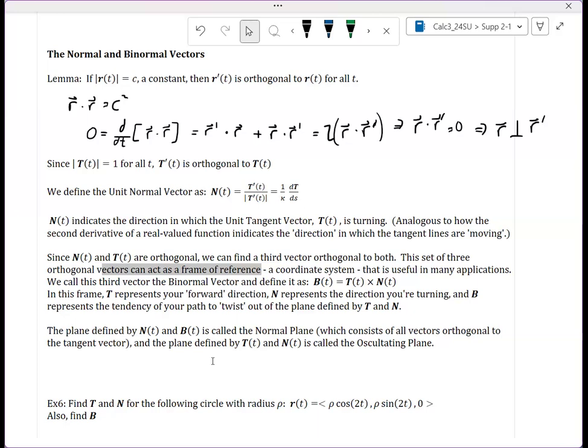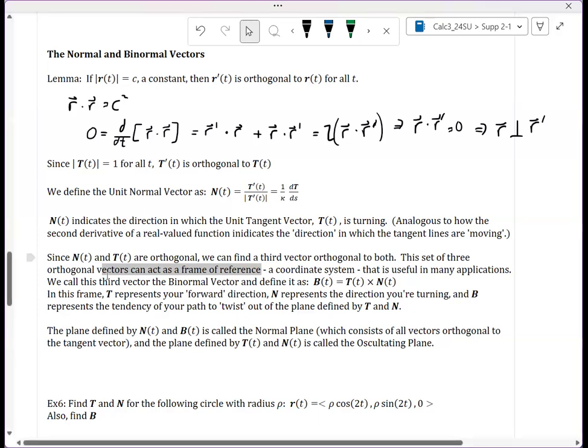It doesn't have anything to do with any given specific space curve. But we could look at a different coordinate system related to N, T, and this third vector, 3 orthogonal vectors, inherently tied to the space curve that we're studying. This can be a very nice thing to have.